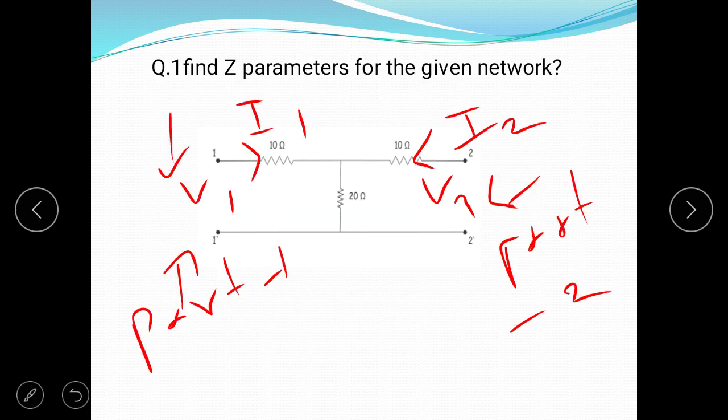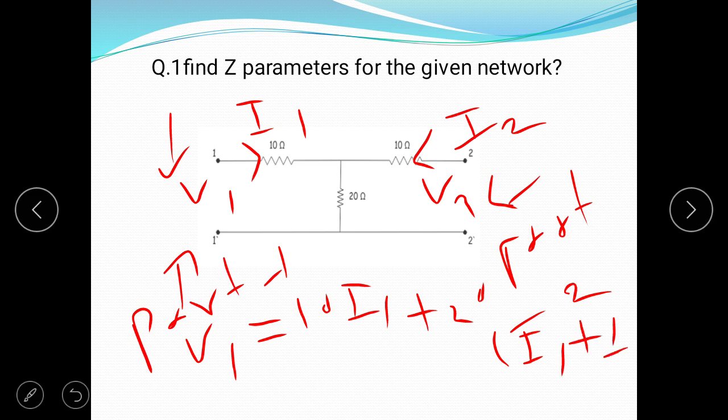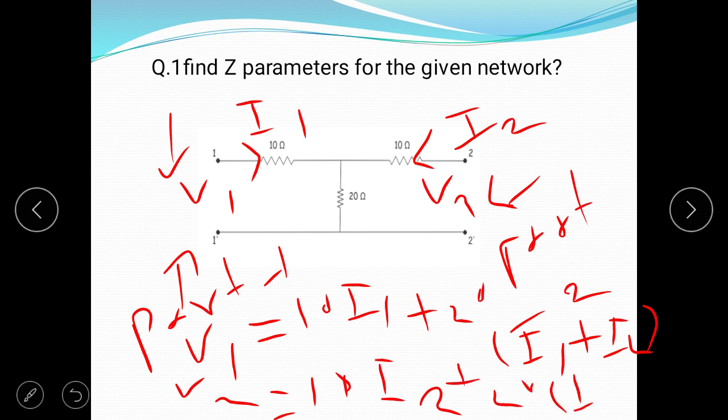Here we can write the KVL equation at port number 1 and the KVL equation at port number 2. So V1 is equal to 10 I1 plus 20 (I1 plus I2), and V2 is equal to 10 I2 plus 20 (I1 plus I2).